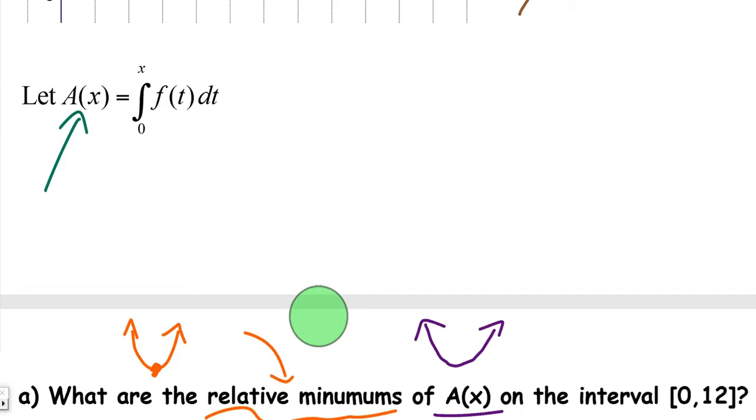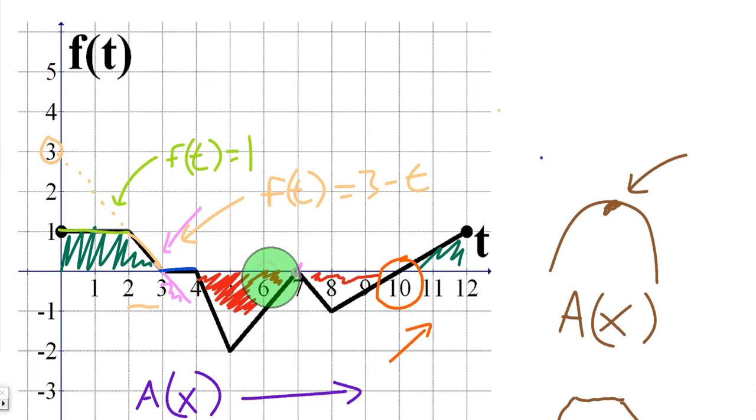So what we're really saying is, we want to be able to pick any t value, and determine the area between the function f of t and the t-axis for any particular t value. So for example, let's say we picked 4.5. We want to know the exact net area between f of t and the t-axis from 0 to 5.5 or 5.7 or whatever. We want a function for A of x so that when we plug the x value in, say 5.5, it will give us this area back.